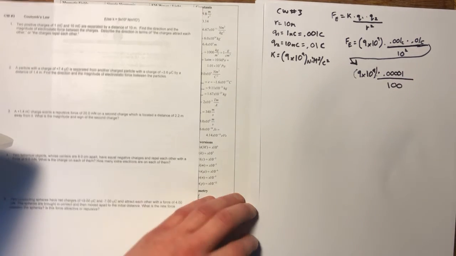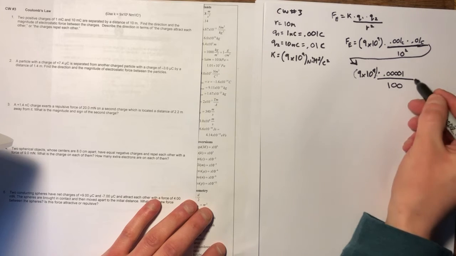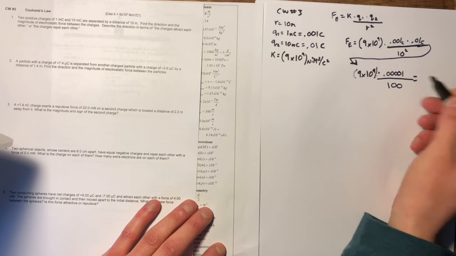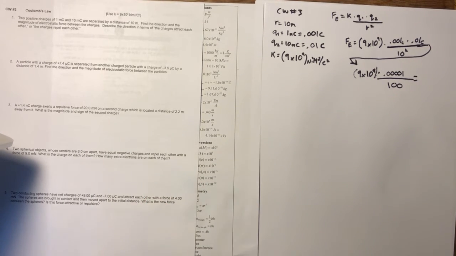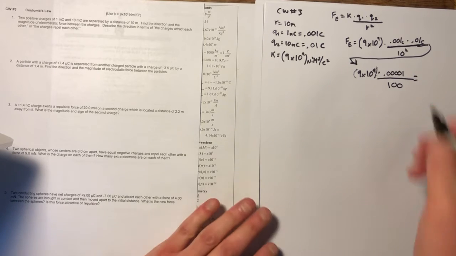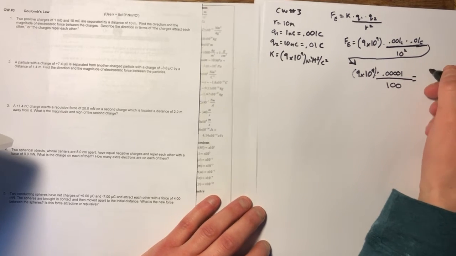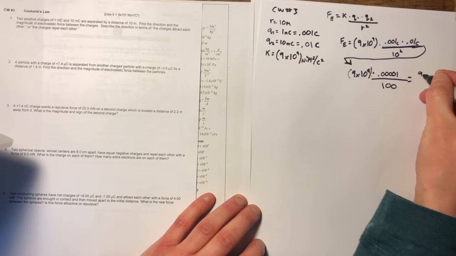All right. I'm going to change this to 9E9. So I'm going to do this top one first. This is going to get me 90,000. All right.